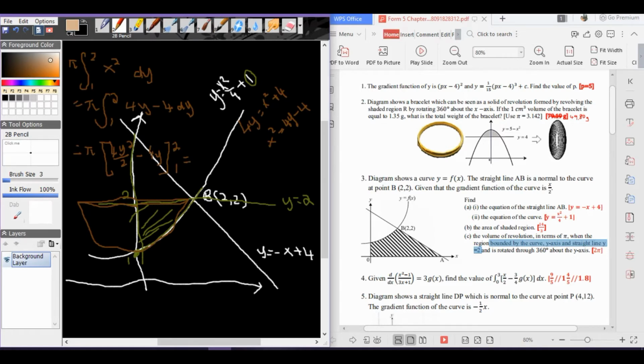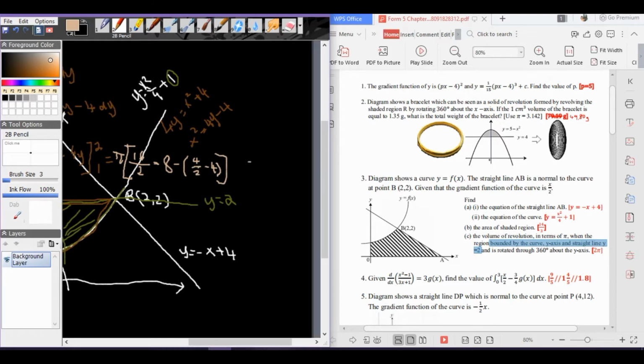Okay, you substitute 2 into this equation. Then you will have pi, 2 squared is 4. 4 times 4, 16. 16 over 2 minus 8. Then minus, substitute 1 to y. So 4 over 2 minus 4. So this is equals to 2 pi.